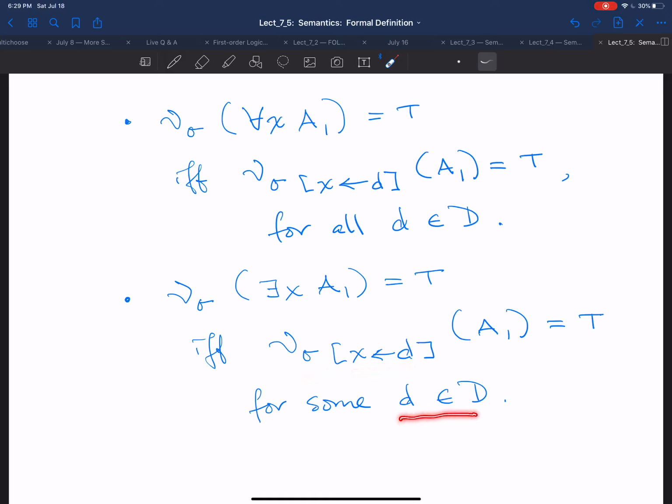Then if there does exist such a value little d, such that reassigning x to little d makes the formula A1 come out to be true under our assignment and interpretation, then this existentially quantified formula, there exists x A1, has the truth value true.